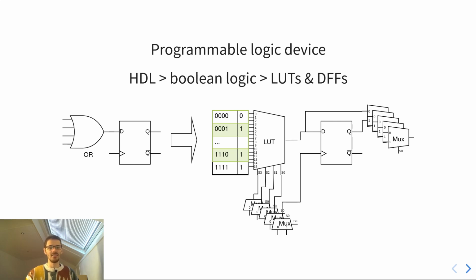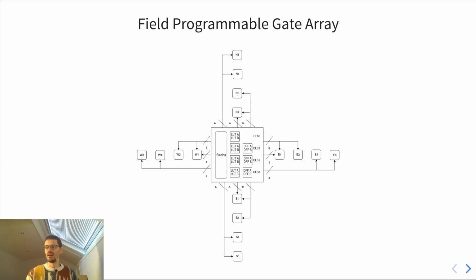So inside an FPGA are basically logic tiles. And in each logic tile are a couple of flip-flops and lookup tables that do the logic. And then there's lots of routing, and this is shown smaller here than it actually is.